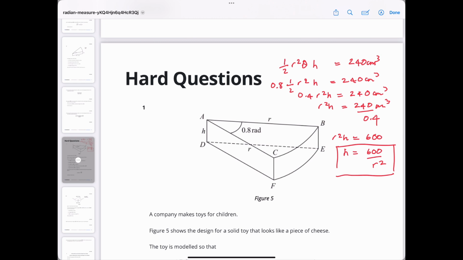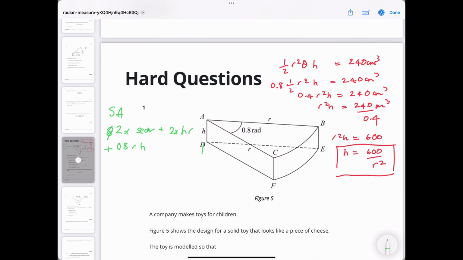So in order to get surface area, we need 2 times the sector plus 2 times the rectangle, which is hr, plus that, so BC, and that's something times h, so that would be 0.8 rh. There you go.